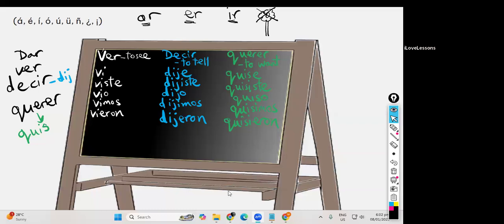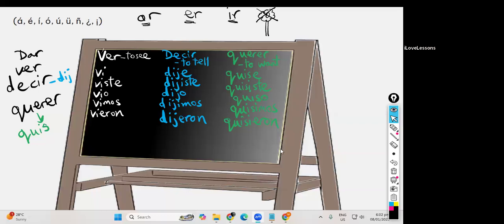All right, any questions? Please say. Now, I didn't go over this because most of you are continuing from last term and you've heard this over and over, but the preterite is the simple past tense. It's for actions that have been completed already in the past.